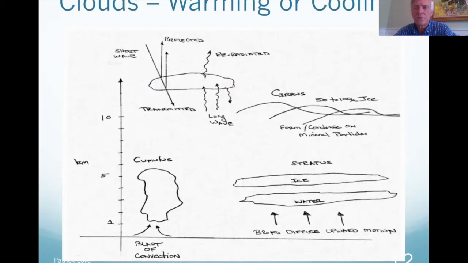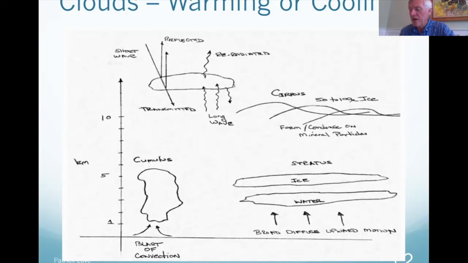If you've flown an airplane on a cloudy day and you go up through the clouds and pop through the cloud layer, suddenly you'll notice out your window how bright it is. A lot of energy is being reflected off the cloud surface. And that leads to cooling. The fact that the clouds capture infrared radiation from the surface and re-radiate it in all directions leads to warming because some of it comes back down.